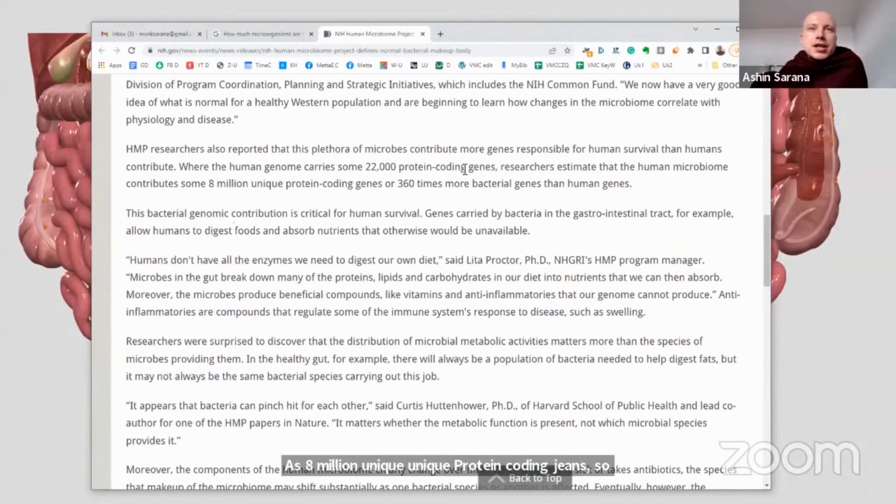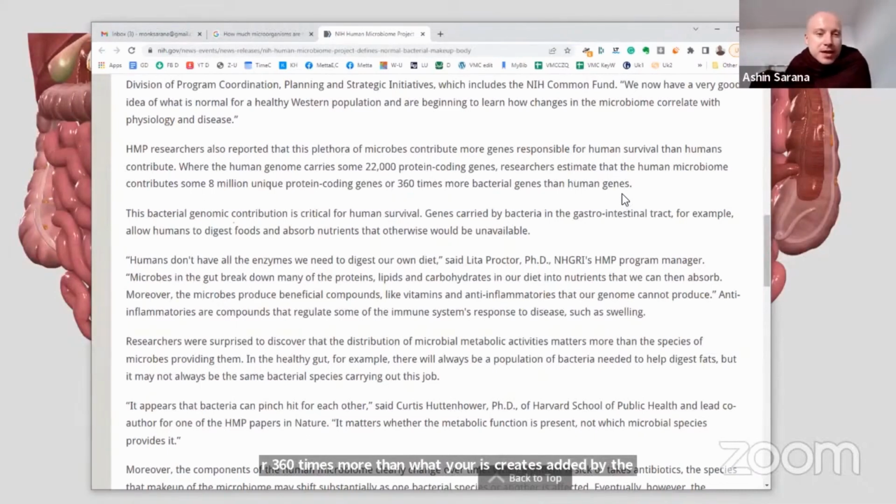So their genes, 22,000 genes, and 8 million genes, or 360 times more than what is added by the microorganism.